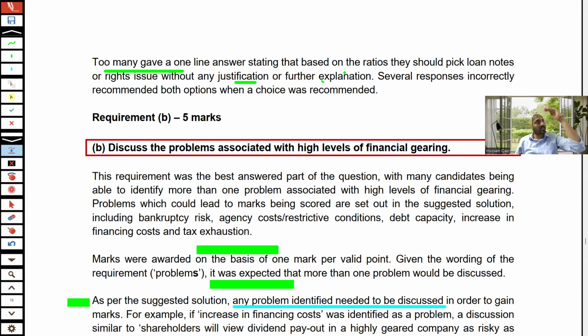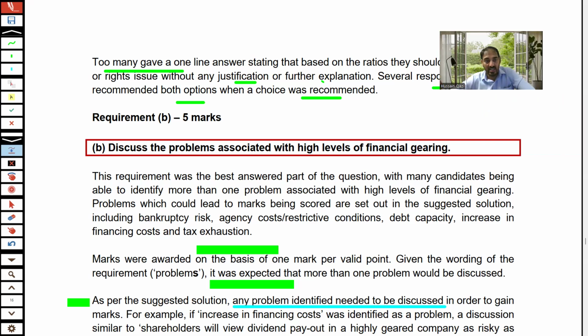Logical structure means start your answer very simple. Make headings here for financial risk, shareholder returns, interpret your answer, add one more line, and then conclude. Several responses incorrectly recommended both options when a choice was required. So be careful about that.